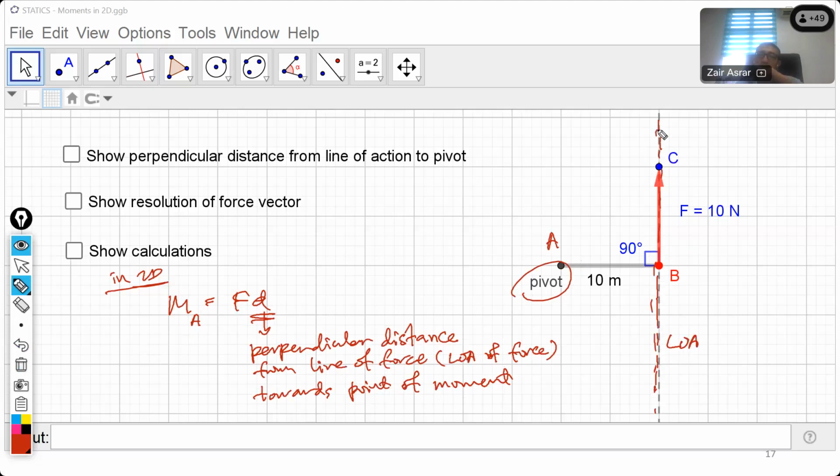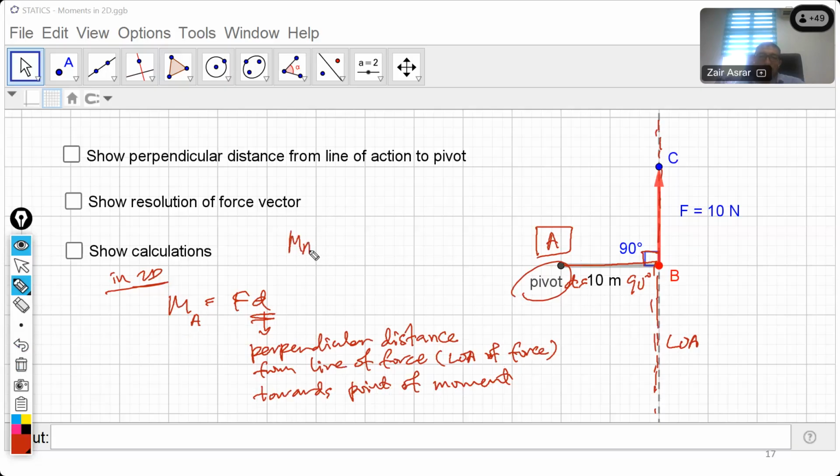That's the first thing. And then D is the perpendicular distance from this line towards our point of moment. If we are talking about point A here, D must be perpendicular, meaning 90 degrees. So this will be our D, which is equal to 10 meter. Hopefully everyone is clear about this.